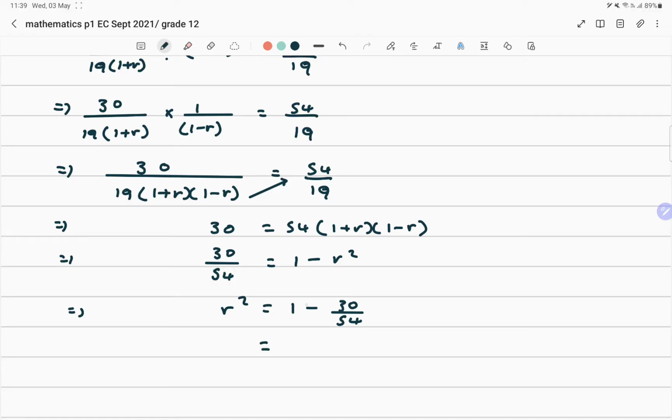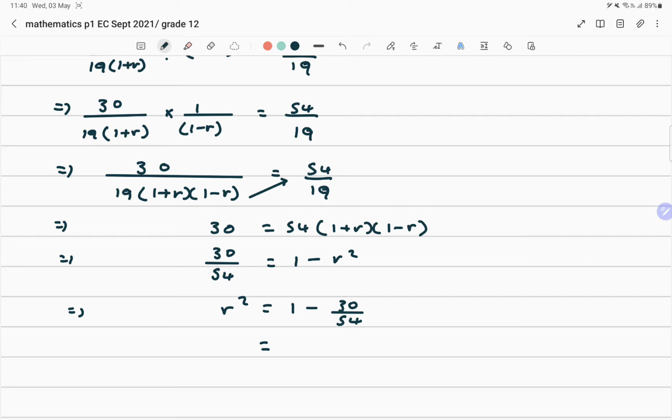Let's sort it out. 54 minus 30 is 32, right? 34. Wait a minute. 54 minus 30 is what?